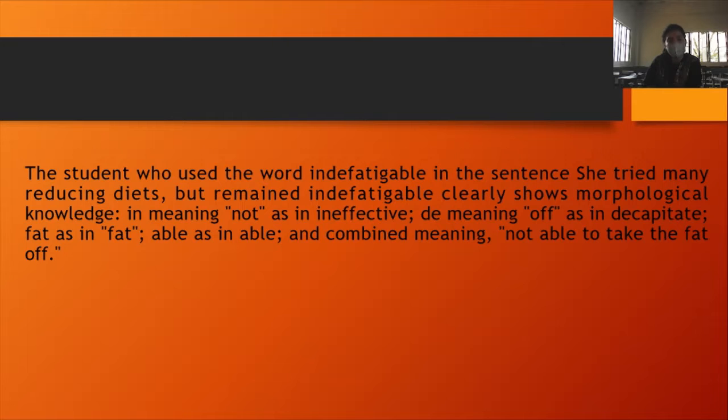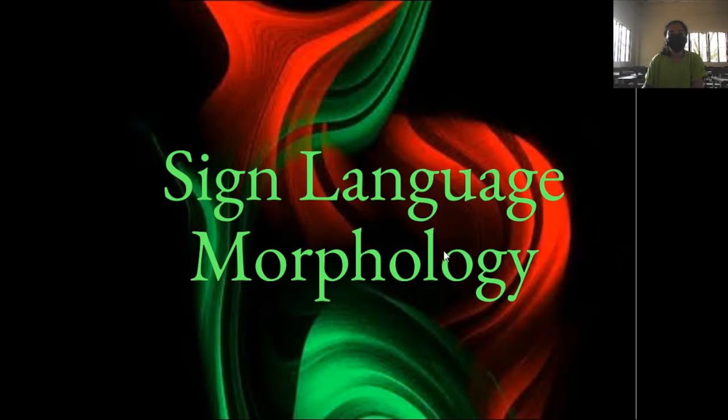In meaning "not," as in ineffective; de meaning "off," as in decapitate; fat, as in fat; able, as in able; and combined meaning not able to take the fat off. So that is the rules of word formation.